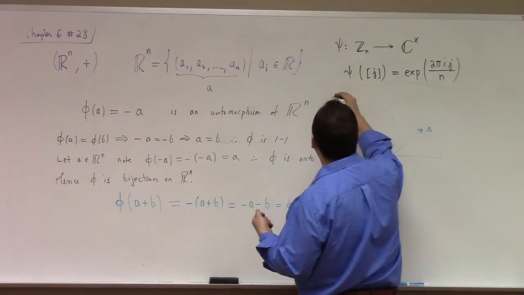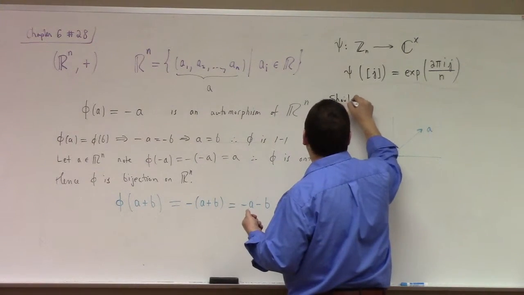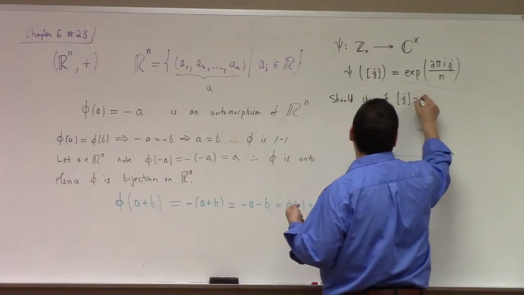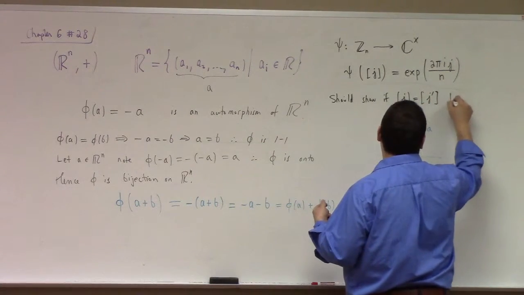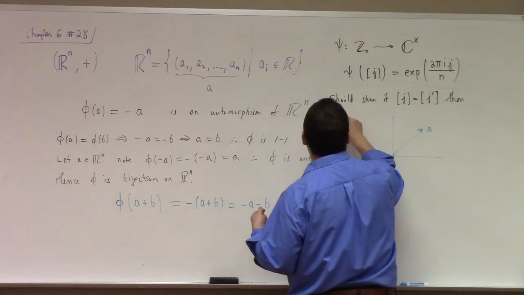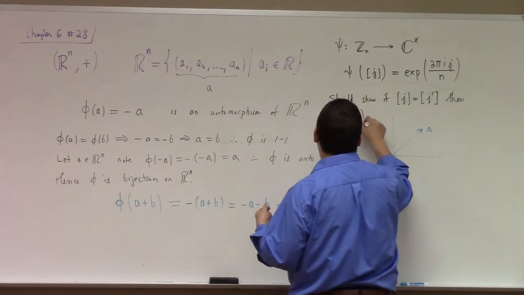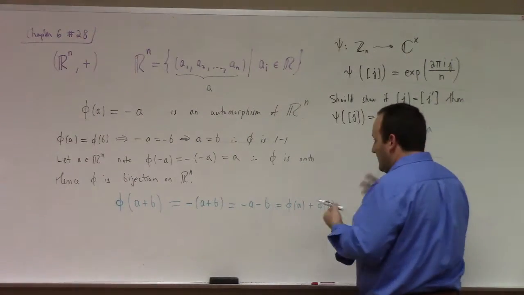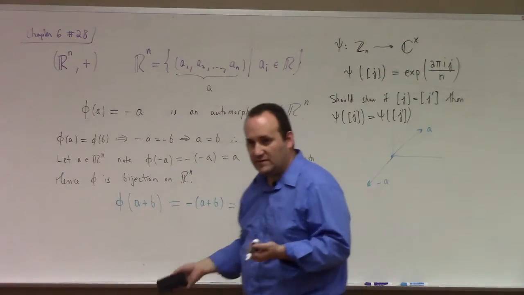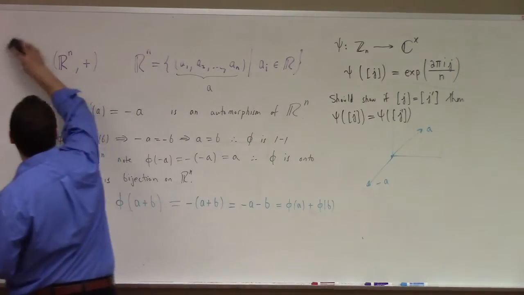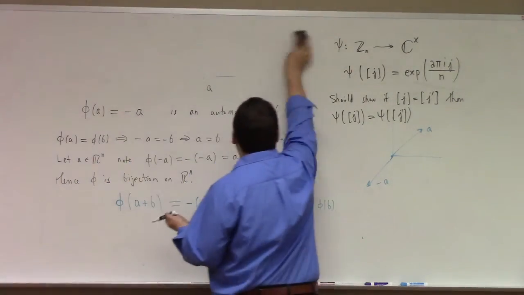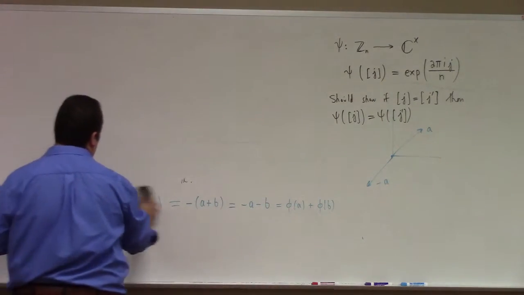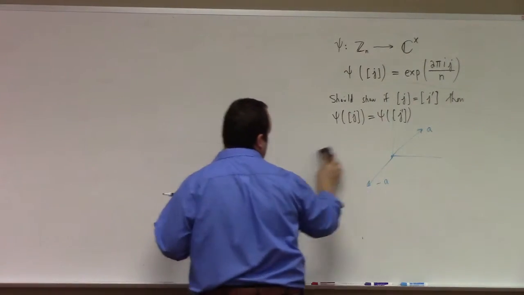So it remains, I should show that if j is equal to j prime, then this is equal to that, right? If that's not the case, then my mapping isn't a function. It's not single valued. And anytime we define a function on a coset, technically speaking, a departure from single valuedness is just waiting in the wings to get us.